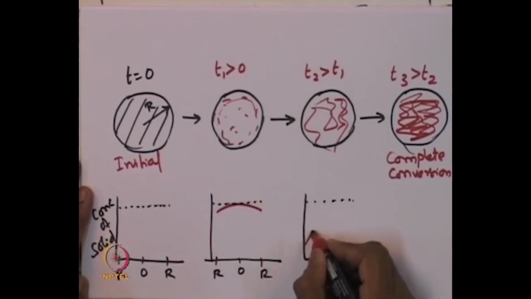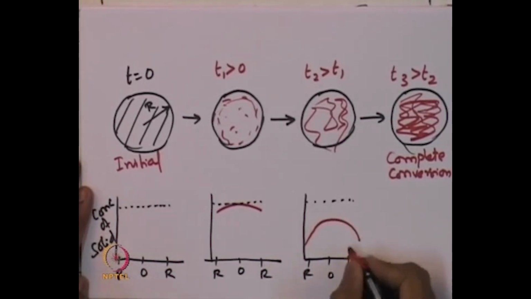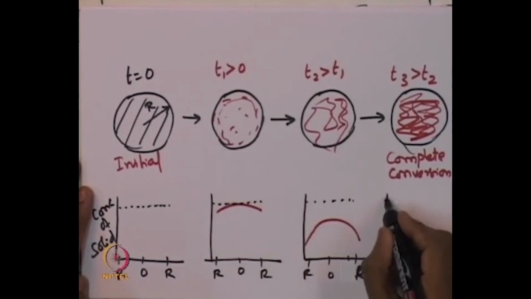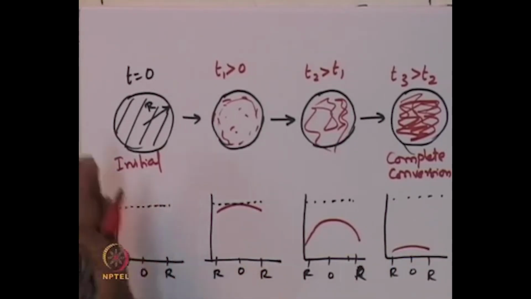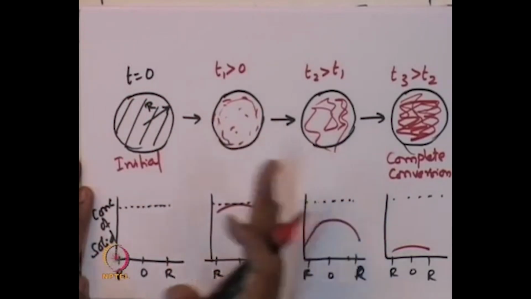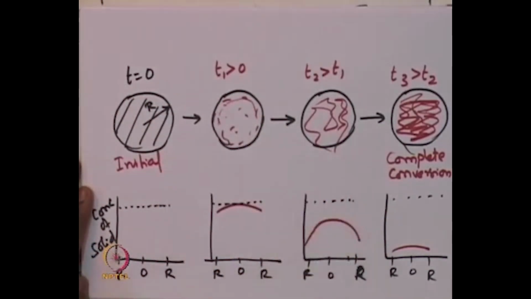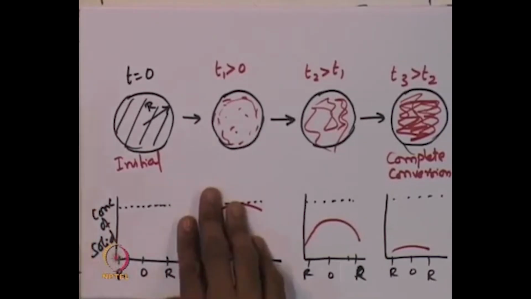So, the kind of profile that one would expect is something like this, where this is the end, this is basically R. And at a much later time, when the conversion is expected to be complete, if this is the initial solid concentration and this is R, then the concentration of the solid inside the solid core will be almost 0. So, clearly you can see that there is a progressive decrease in the concentration of the solid all through the solid core. This is an important assumption that is made by the progressive conversion model.